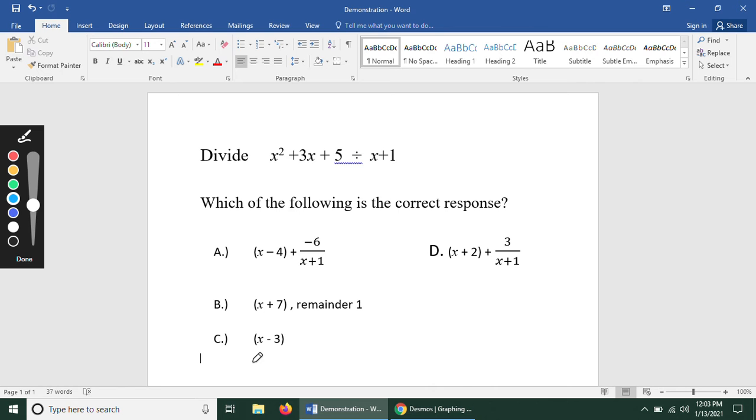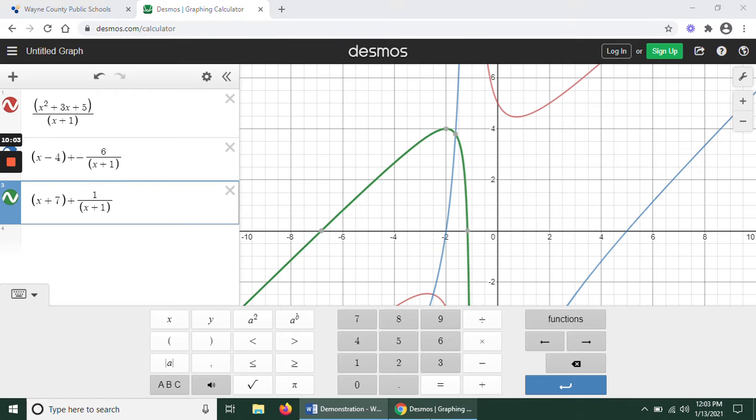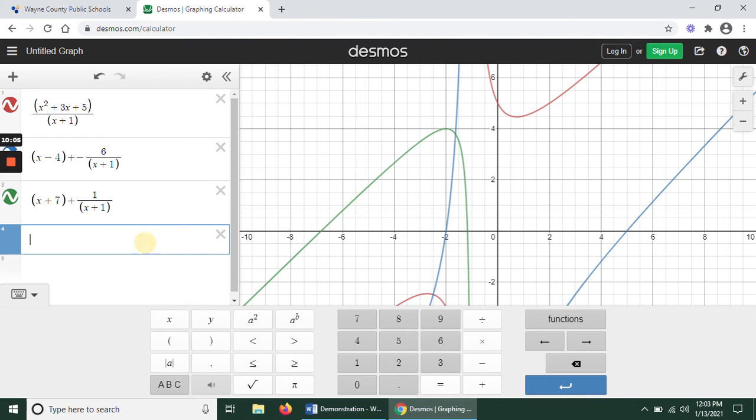And that is what? x minus 3. So in the next row, I'm going to type x minus 3. Notice now, we have a new graph, which is in purple.